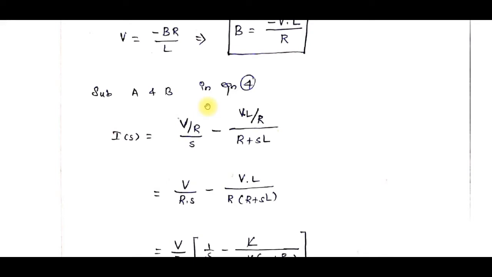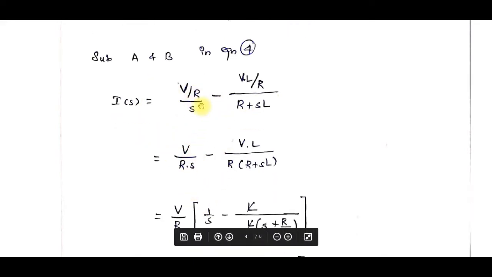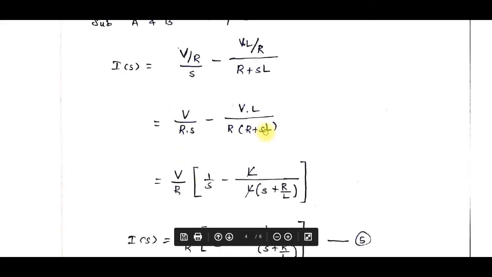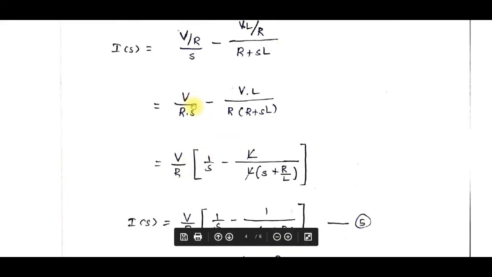So we will get this equation. After simplifying this equation, we will get this. In these two terms, we are having v by R in common. So take v by R in common. Then 1 by s minus L by R plus sL.